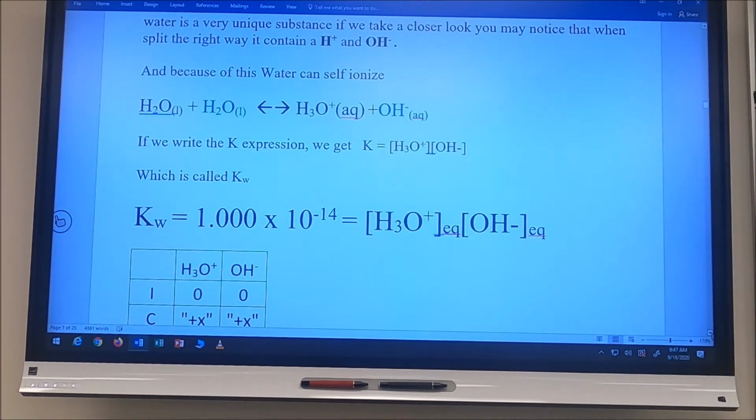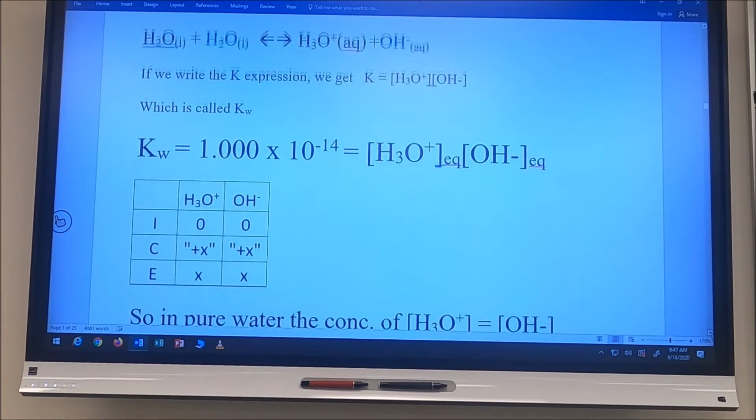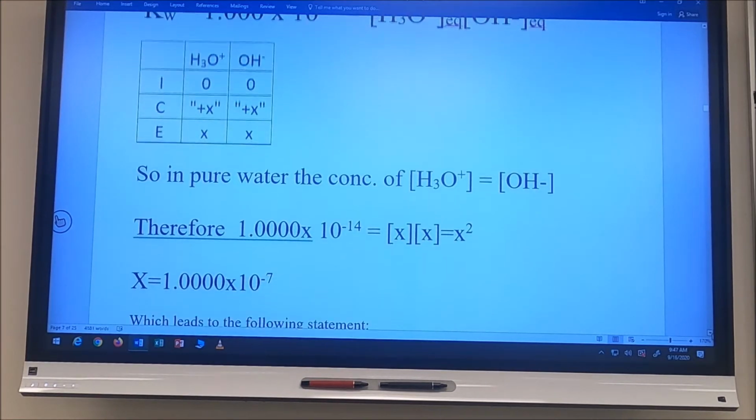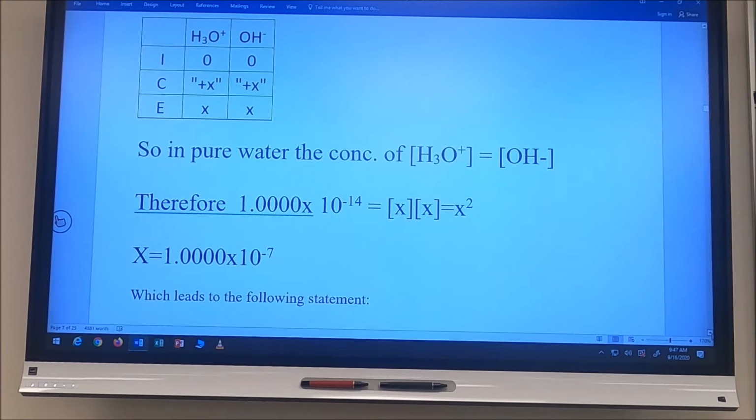Okay, so let's look at an ICE chart here for this reaction happening in absolutely positively pure water. So in the beginning, there are no hydronium ions, no hydroxide ions, so it's going to be plus X and plus X on the change line. So I have X and X. In pure water, the concentration of hydronium ions and hydroxide ions equal each other. So therefore, 1 times 10 to the minus 14 equals X times X, or X squared.